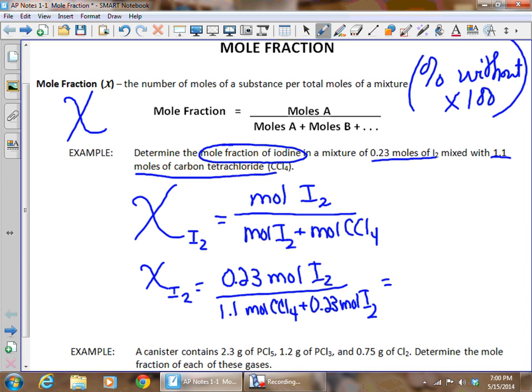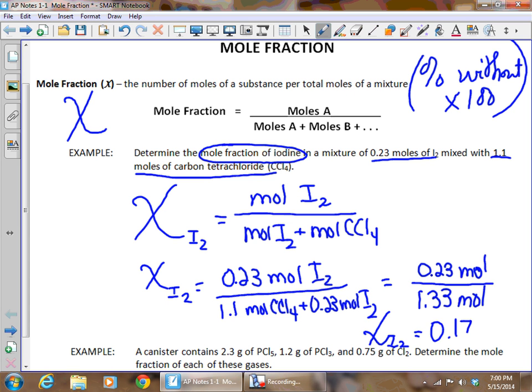So what we end up with there is 0.23 moles divided by 1.33 moles, and we end up with a mole fraction of iodine equal to 0.17, and notice that the moles cancel.